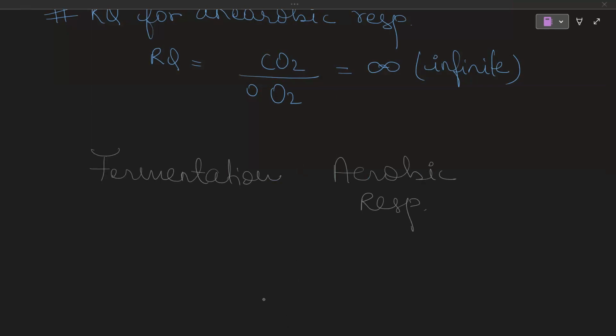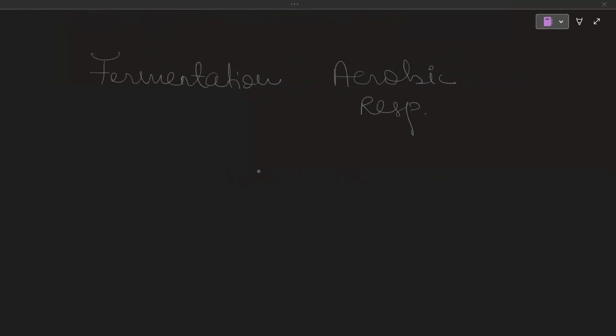So we have to look at the difference between them. Talking about fermentation, here what happens is partial degradation of glucose occurs.